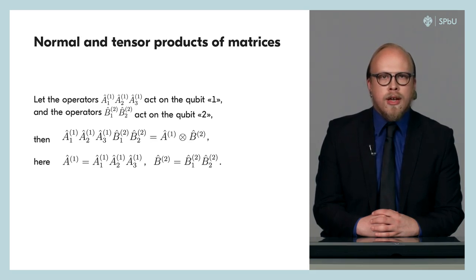That is, first calculate the usual product of matrices A1, A2, and A3, then calculate the usual product of matrices B1 and B2, and then find the tensor product of the obtained results to find the explicit form of the operator that acts on the state vector of the whole system.